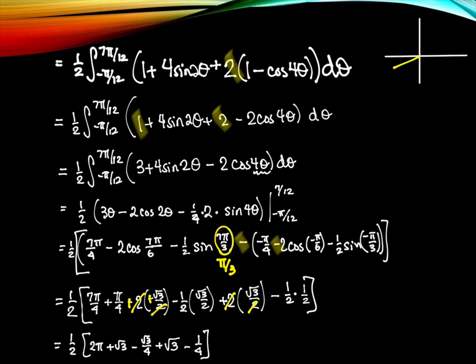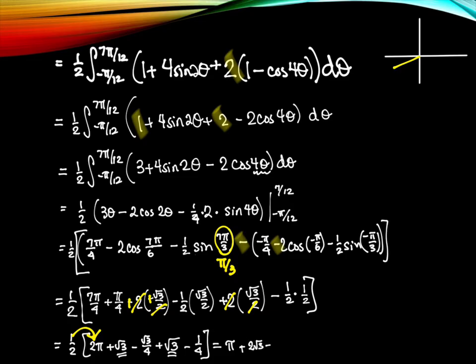I've left the pi out, which makes sense. So if I distribute this through, this piece is pi. Agreed? Oh, that's good. So this is pi. On the other counts, this is square root 3 and square root 3, which gives me 2 square root 3's, right? So I have 2 square root 3.